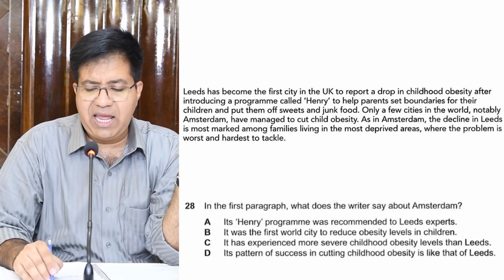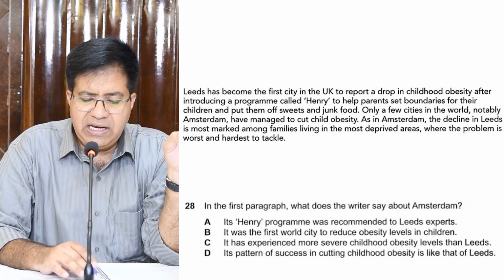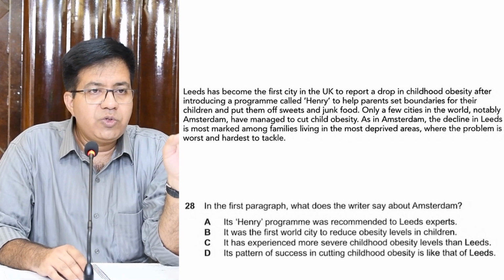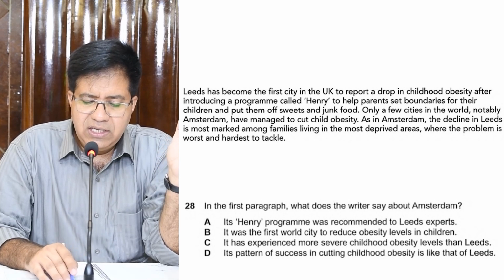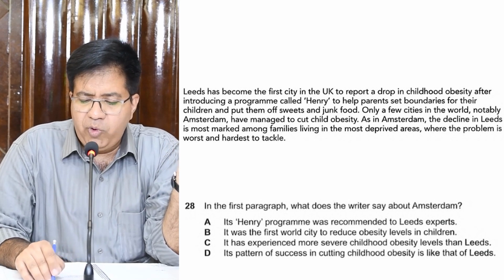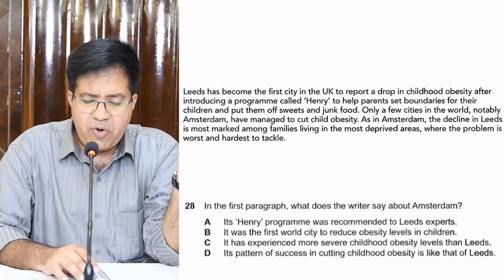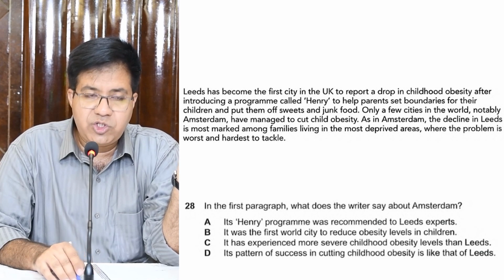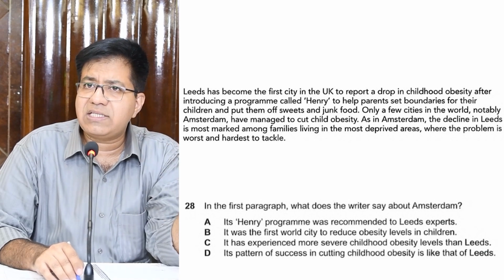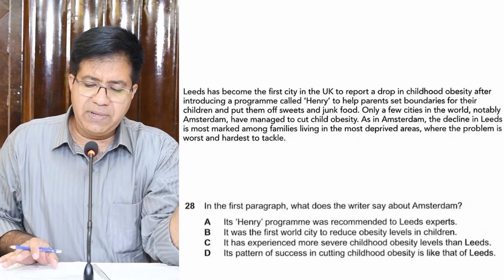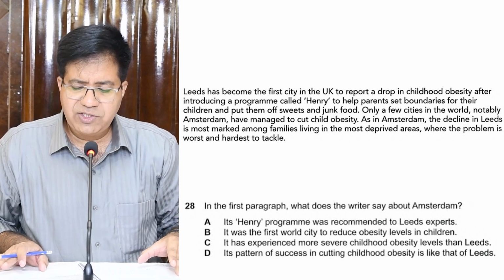They say as in Amsterdam, the decline in Leeds is most marked. So there is something common in Amsterdam and Leeds, and that is among families living in the most deprived areas where the problem is worst and hardest to tackle. In deprived areas, like slums and other areas like that, okay? So the problem is worst and hardest to tackle.